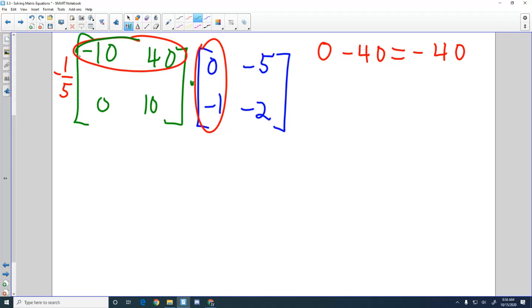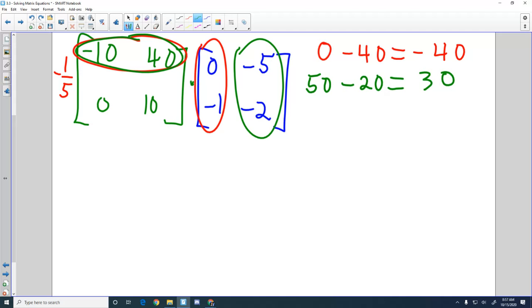Then I take the first row times the second column. Negative 10 times negative 5 is 50. 40 times a negative 2 is negative 20. That gives us 30. Then drop down to the second row times the first column. 0 times 0 is 0. 10 times negative 1 is negative 10.